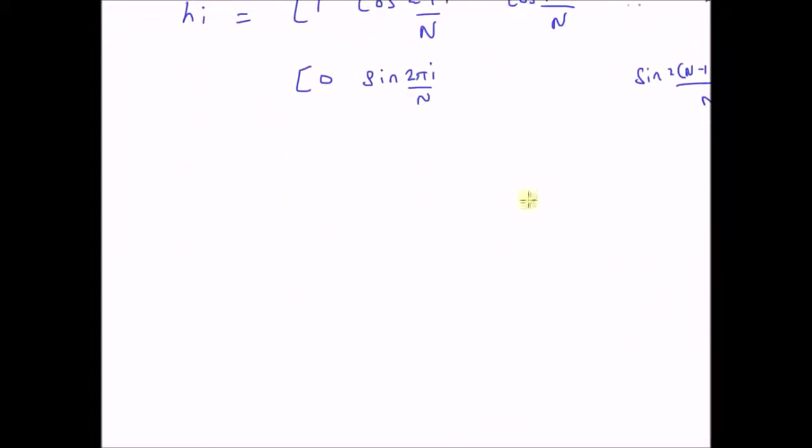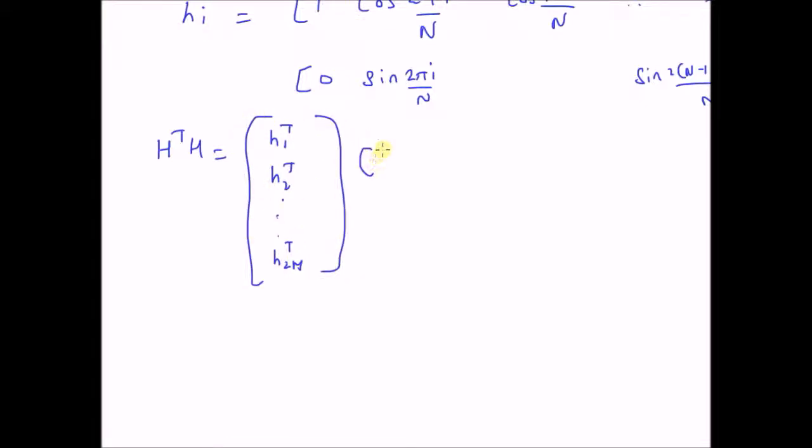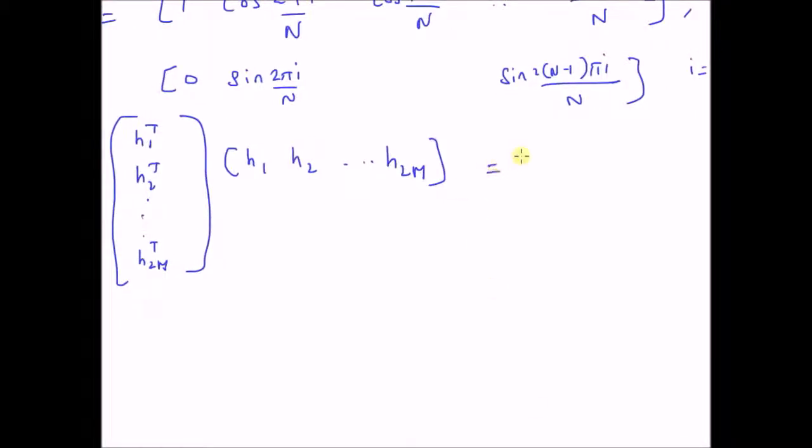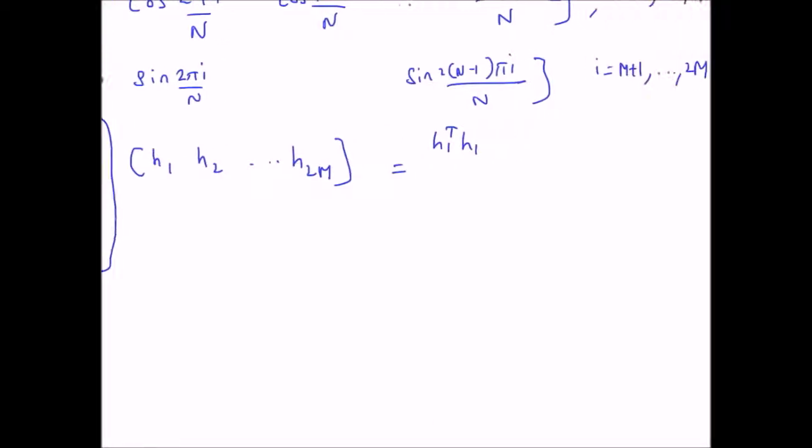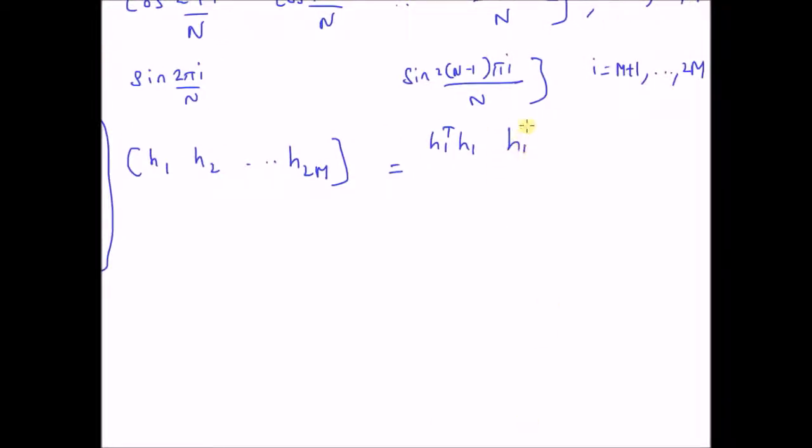Now we need to determine the elements of the matrix H transpose H, which is clearly equal to the product of h1 transpose, h2 transpose up to h2m transpose, that is the H transpose matrix multiplied by the collection of vectors h1, h2 up to h2m. And this product is clearly equal to h1 transpose h1, which is a scalar, and then we have h1 transpose h2 and so on up to h1 transpose h2m.